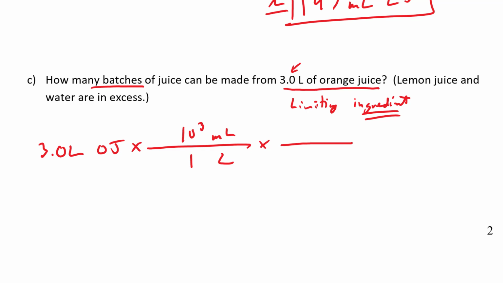Then we'll convert from milliliters of orange juice to batches of our fruit juice. 1 batch from our recipe, 583 mils. Let's cancel out units. Liters cancels liters. Mils cancels mils. Orange juice cancels orange juice. I'm left with batches of fruit juice. So 3 times 1,000 divided by 583.